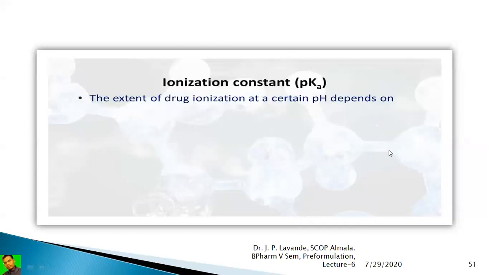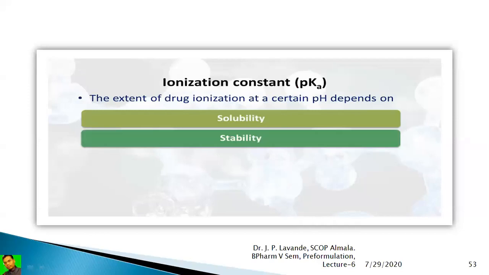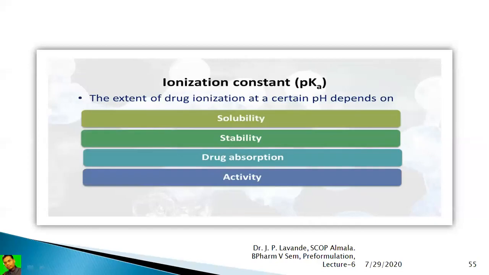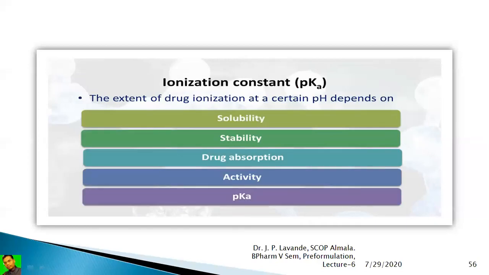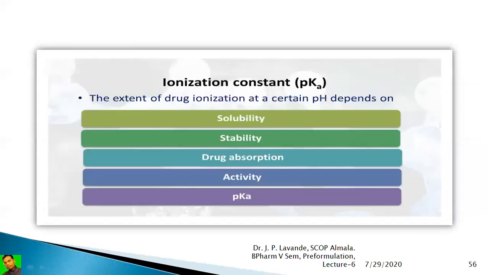The extent of drug ionization at a certain pH depends on solubility, stability, drug absorption, activity, and pKa. So there is a relationship with all these things, and the ionization depends on all these factors, and ultimately the absorption of a drug.